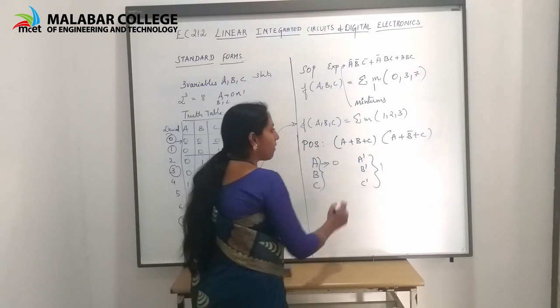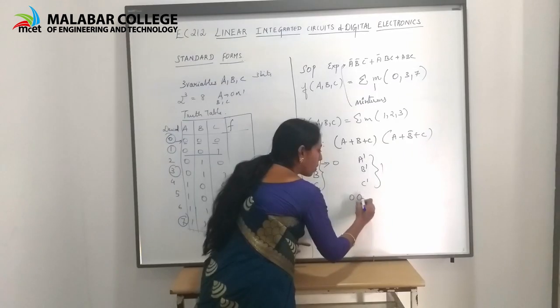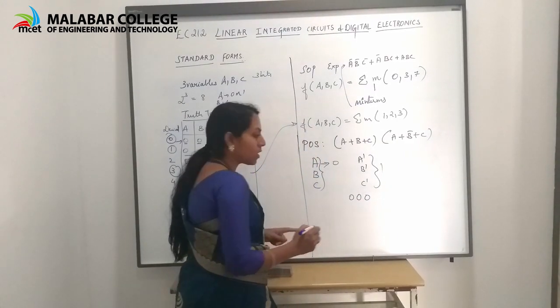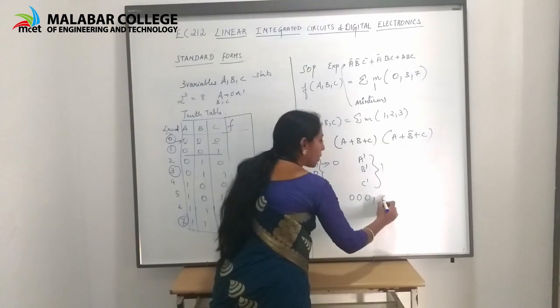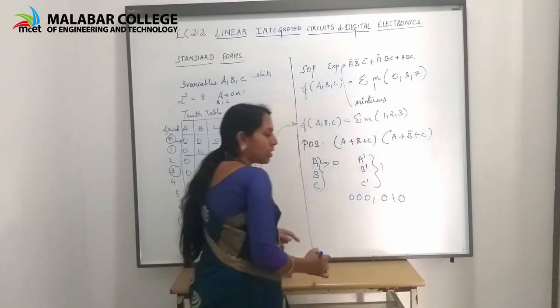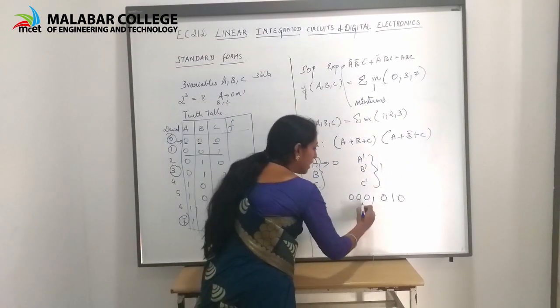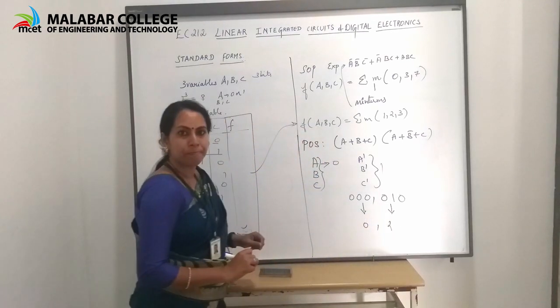So what will be the value for this one? A, B, C will be 0, 0, 0, the corresponding binary number. And for the next one, A will be 0, B bar means 1 and C will be 0. So what will be the decimal numbers for that? This will be 0 and this will be 2 for us.